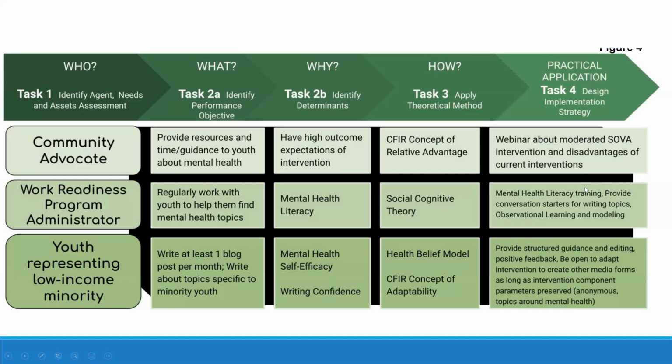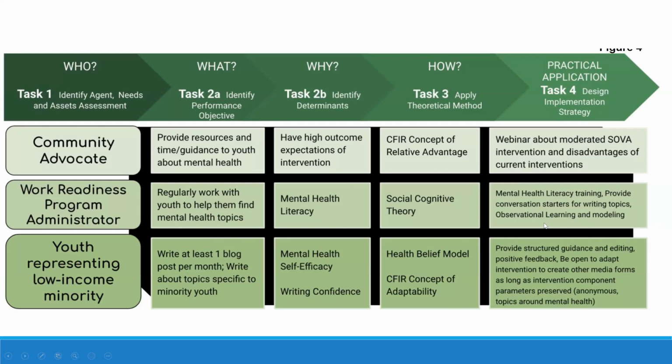And then for trying to get program administrators to regularly work with youth to help them find topics, and we want them to improve their literacy, well, they might need training. They might need to learn more about mental health. And then we might want to give them conversation starters for writing topics, like, hey, here are different things you can use to start a conversation with young people.